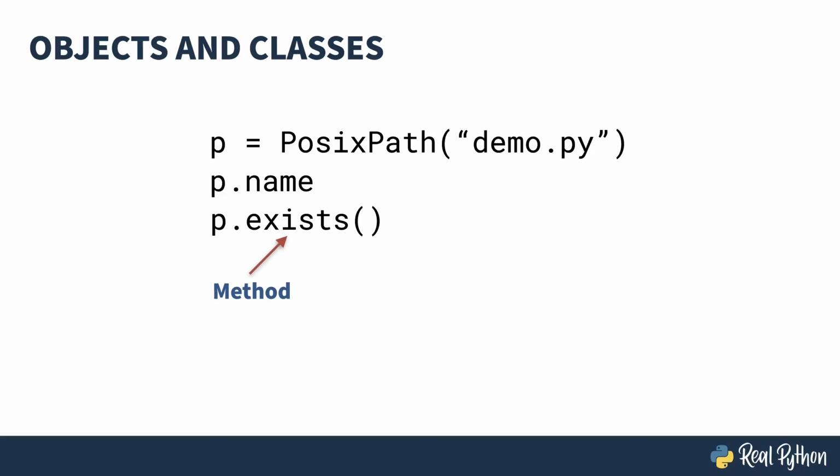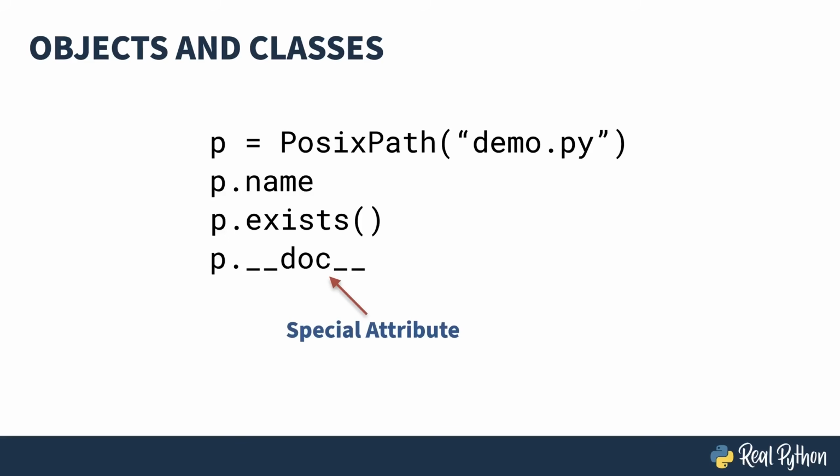In addition to the regular kind of members, Python also has special members, sometimes called magic members or dunder members. Dunder is short for double underscore, as these special members have a double underscore prefix and suffix. Dunder doc contains the doc string for the object. Yep, you can actually get the documentation associated with the code programmatically.